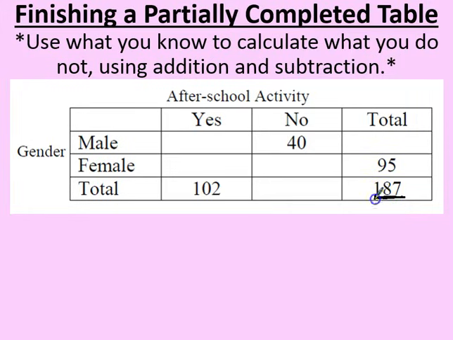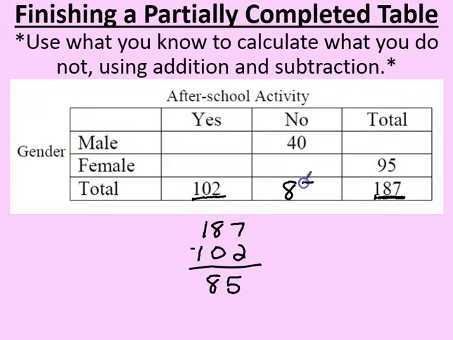Well, if there were 187 people overall, and 102 of them said yes, how could we figure out how many said no? We would subtract the two. 187 take away 102, and you get 85. So there were 85 people altogether that said that they do not do after-school activities.